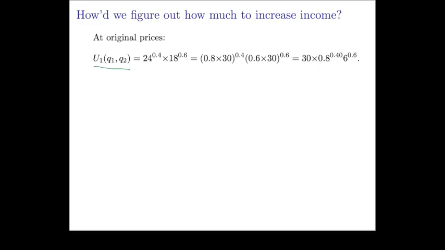Before the prices went up, what was the utility of the consumer? Well, remember the consumer was consuming the bundle 24, 18. So we can just plug that into their utility function and calculate their utility as being 24 to the 0.4 times 18 to the 0.6.